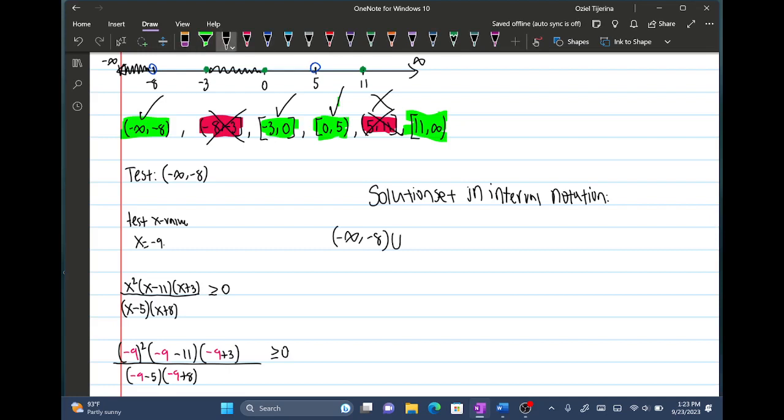Some use a comma, some use a union. A union is just like you're joining two intervals together. And then union, negative 3 to 0. Union, 0 to 5. And actually make sure you put parentheses at 5. Union 11 to infinity.